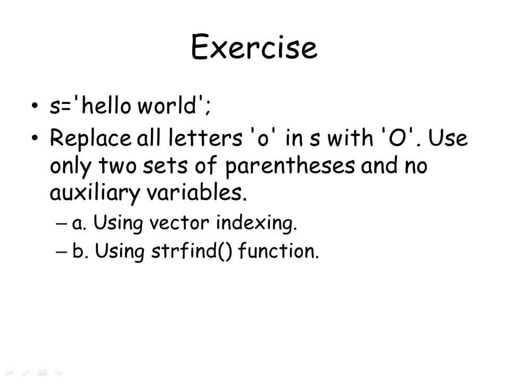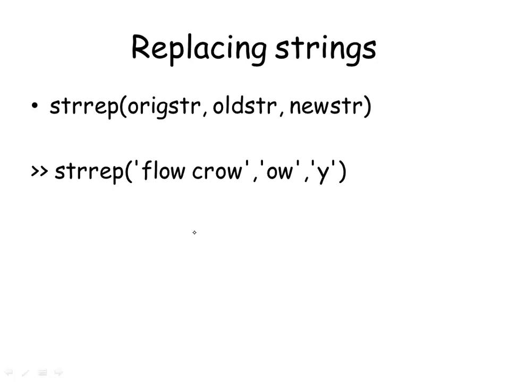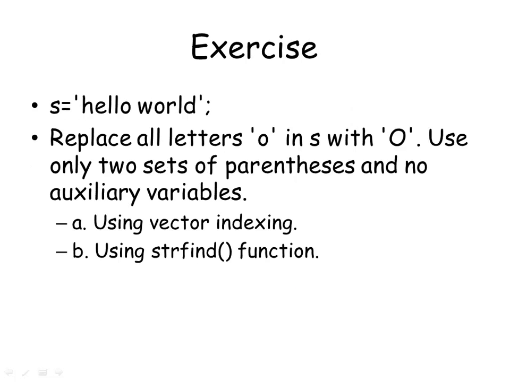First part. In the first part, we are asked to use the vector indexing. So let's take this string S. First, I need to identify the locations of the small letter O. And I can do that using the equal sign.